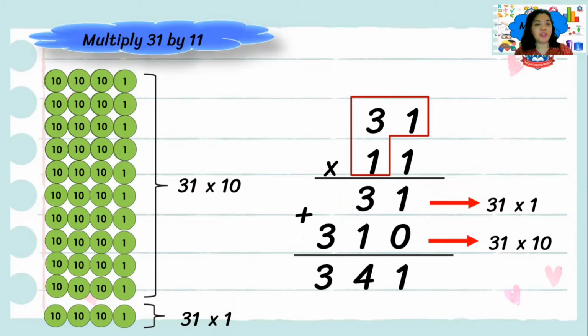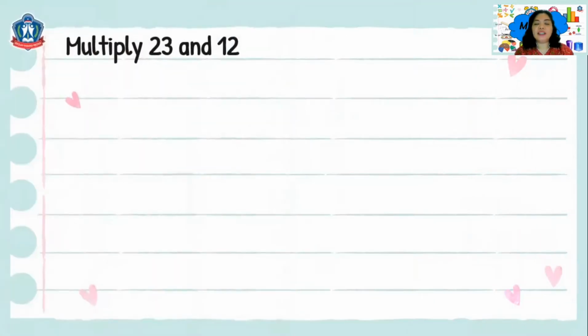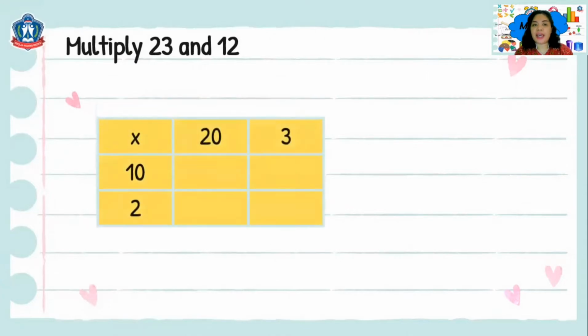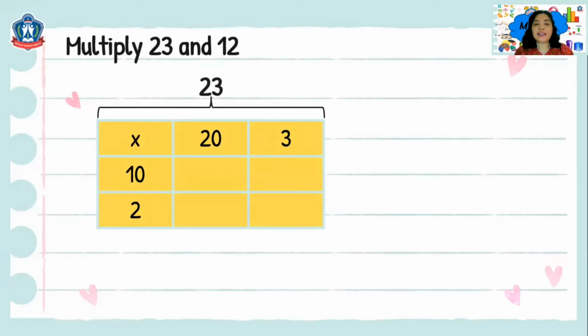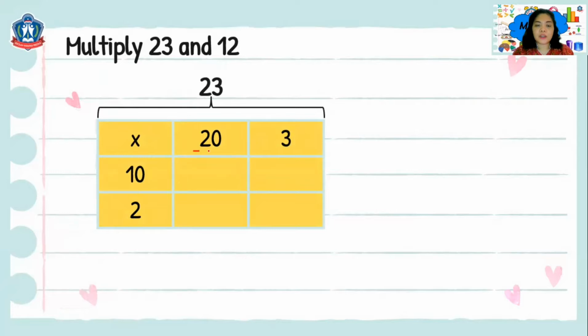Another way to do multiplication is using a table like this. So let's multiply 23 and 12. So 23 is equal to 20 and 3, right? And on the other hand, 12 is equal to 10 and 2.